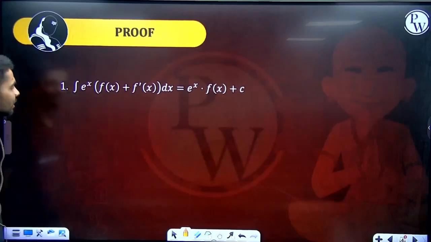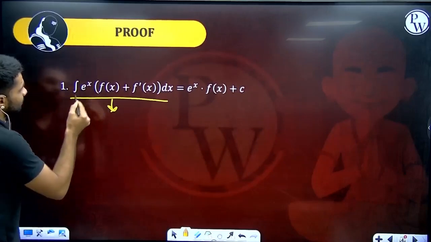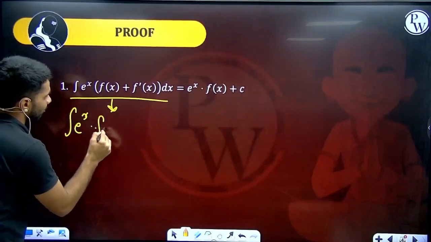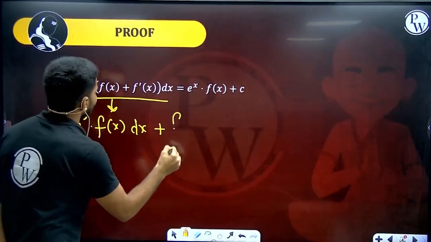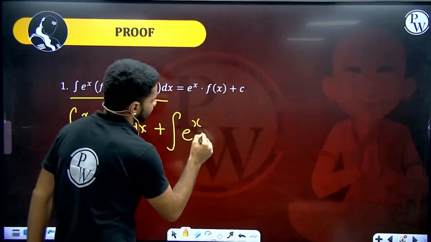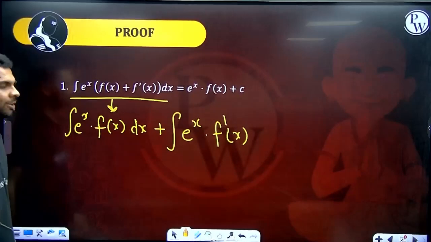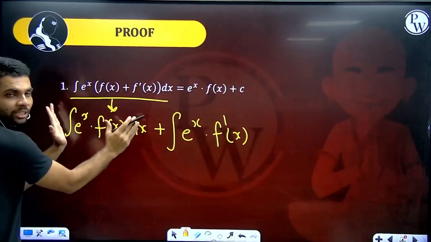Okay, shall I start? Okay. I can write it as integration e to the power x into f of x dx plus integration e to the power x into f dash x. Can we write it this way? Okay. Now leave this function as it is.